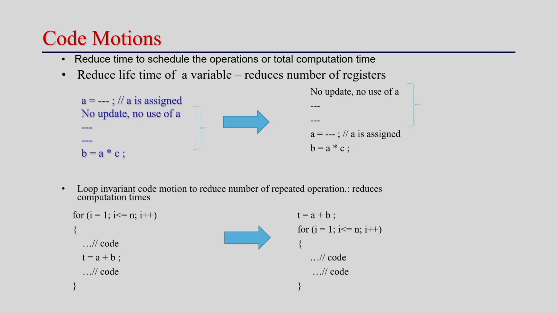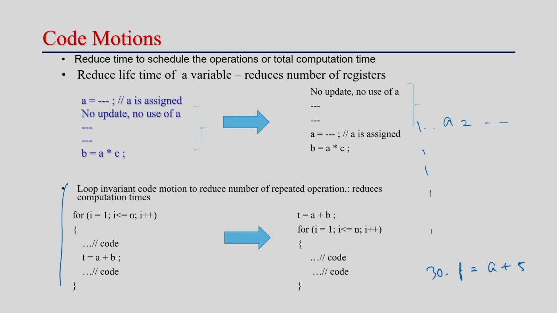The other one is code motion, which, as the name suggests, is moving the code. One of the things I have already discussed is loop invariant code motion. In some cases the code may not be in a loop, but there may be a scenario where you define an operation, say a equal to something, at line number 1, and in say line number 30 you use it, to define say f equal to a plus 5.